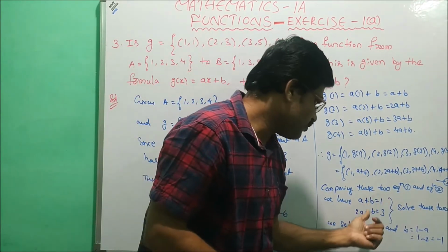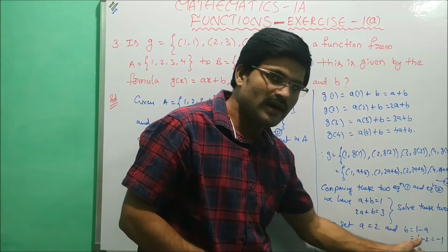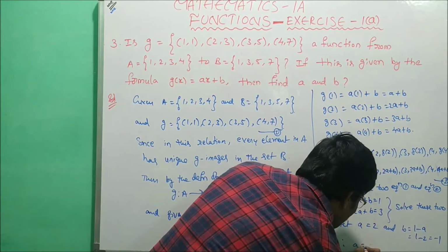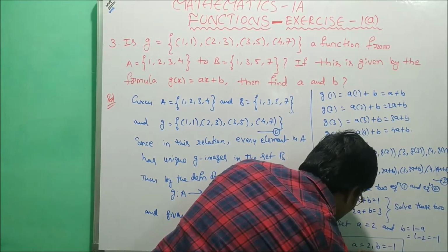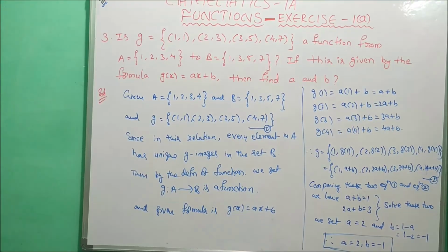Now solving these two equations to find the values of a and b, a equals 2 and b equals minus 1. Therefore a equals 2, b equals minus 1. These are the values of a and b. This is the solution for this question.